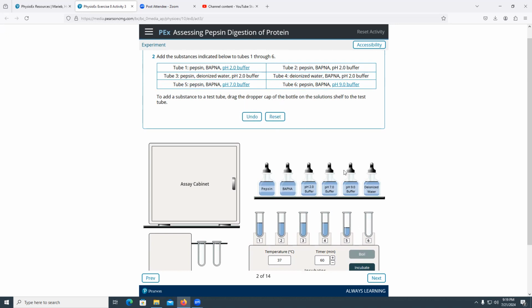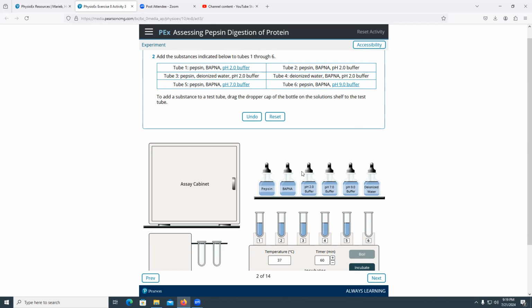So now I know that the reaction is not going to go to completion as well as it will in the stomach at pH 2. So I should see the yellow color very light. I would not have bright yellow because the enzyme needs its optimal properties fulfilled in order to do its job.